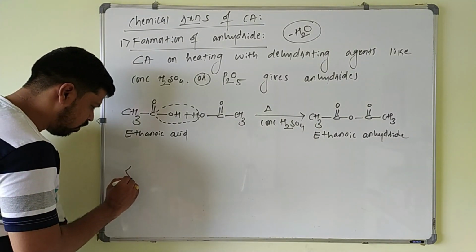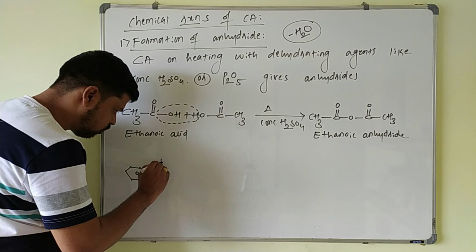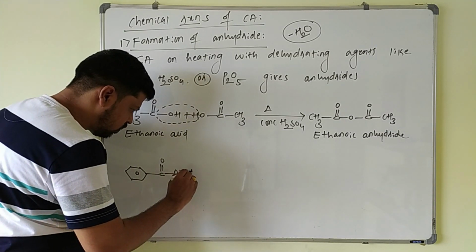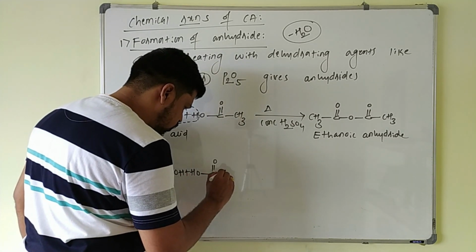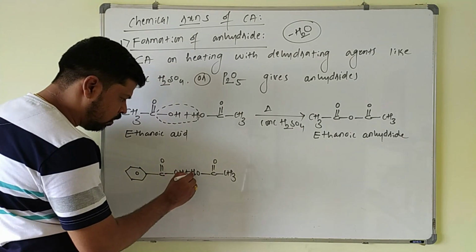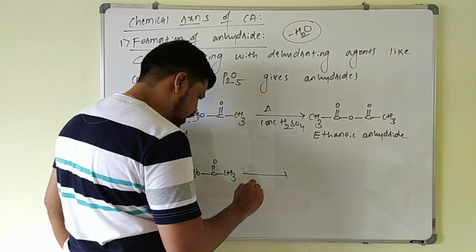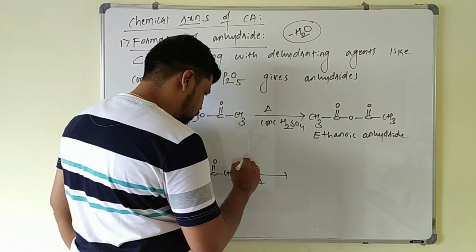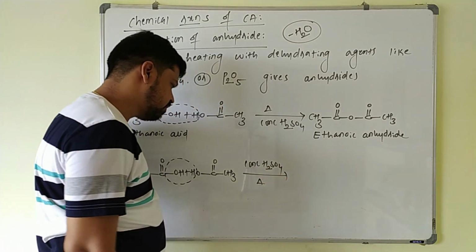Suppose I take 1 mole of benzoic acid here, and 1 mole of acetic acid, that is ethanoic acid. Now between these two you have to remove 1 mole of water, because this is on heating with concentrated H2SO4, which is a very good dehydrating agent here.